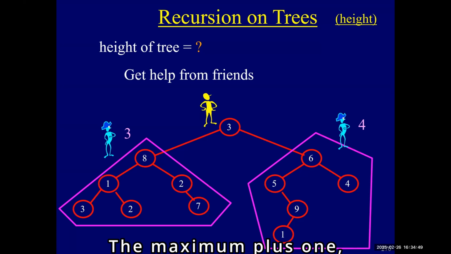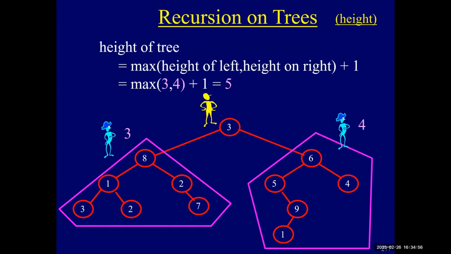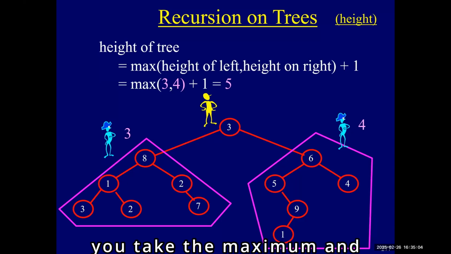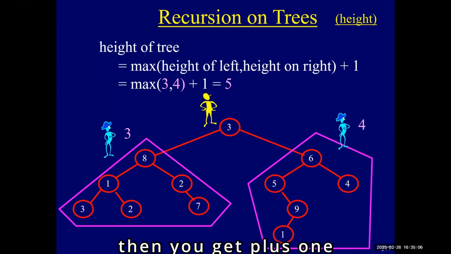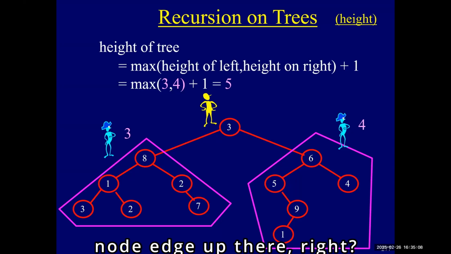The maximum plus 1. Exactly. People see that? You want to say which of these is deeper and higher. You take the maximum, and then you add 1 because of that extra node and edge up there.